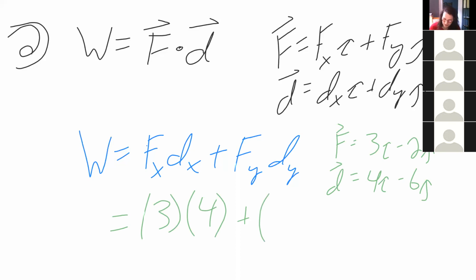You'll notice there's a negative sign out in front, so that y component is -2, and the y component of the displacement would be -6. Ensure that you include your negatives, because as I mentioned, even though work is a scalar, so it doesn't have a direction, it does have positive and negative. That can be important. For this example problem here, we just happen to have 12 plus 12, which is 24.